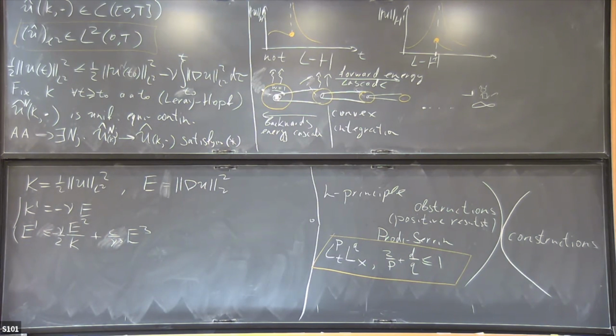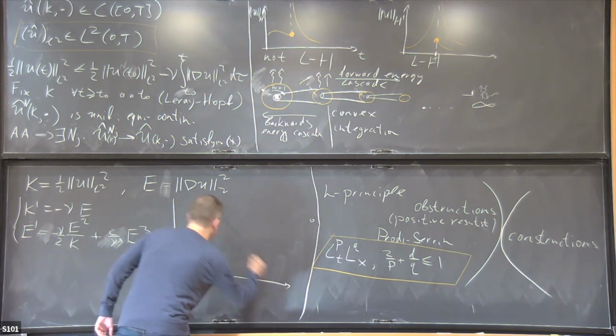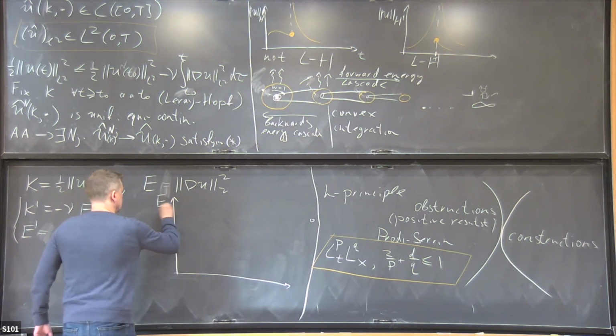Anyway, it's a simple exercise. Now the question is, what if we look at the worst case scenario, replace the inequality here with equality? So we have two equations, two unknowns. We should be able to draw a phase portrait, entropy versus the energy.